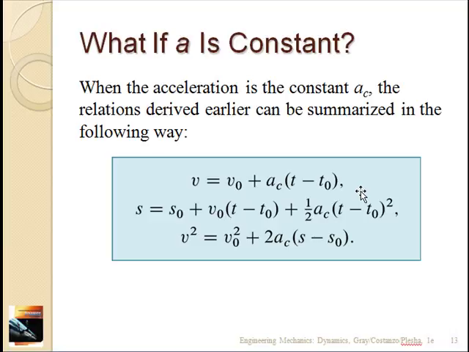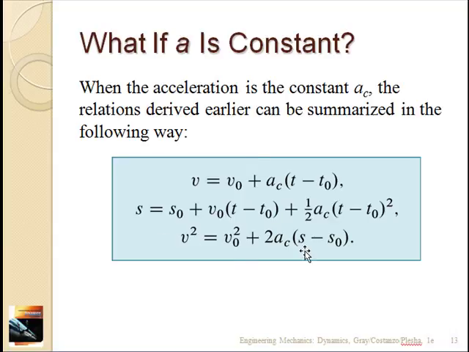You can integrate that once more and find that the position is the initial position plus the initial velocity times the change in time plus 1/2 the constant acceleration times t minus t naught squared. So at any time you can figure out the position from this. So we know the position as a function of time, we know the velocity, and the acceleration is a constant.